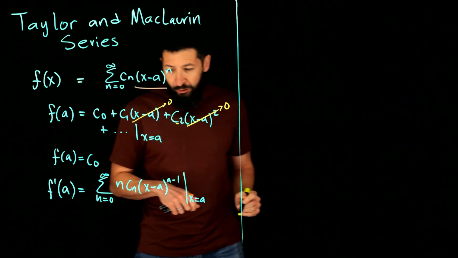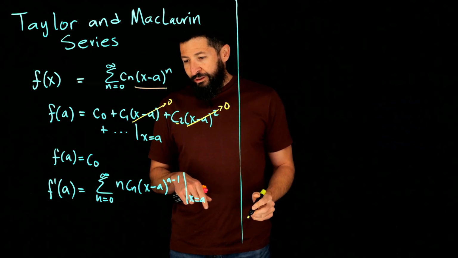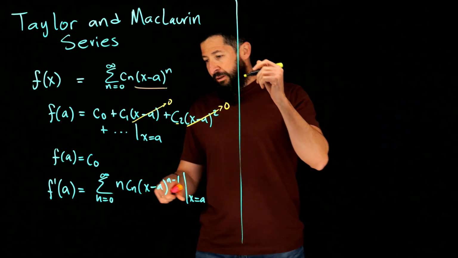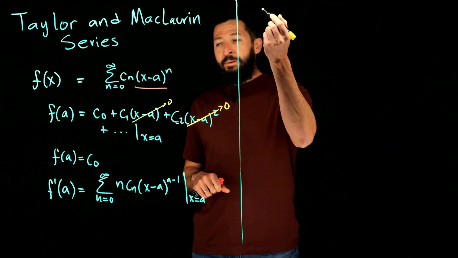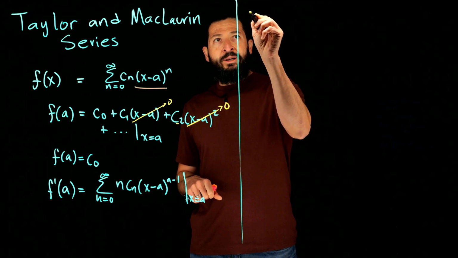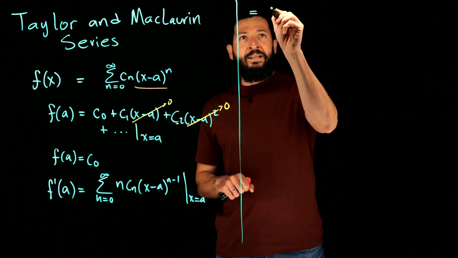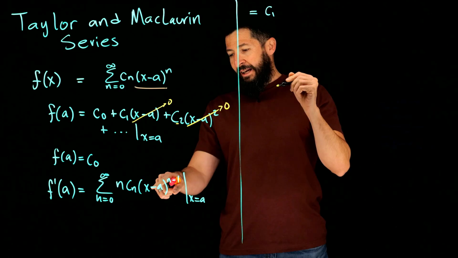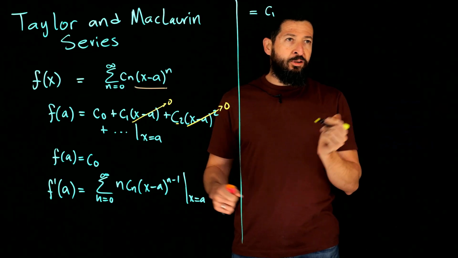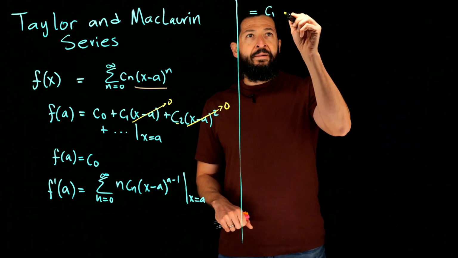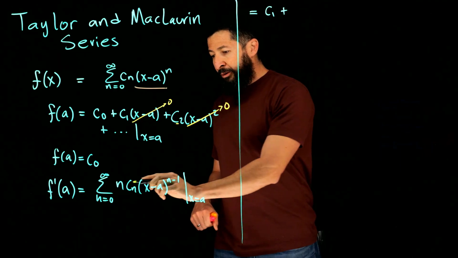let's write out a few terms. All right, so the first term is going to disappear because when n is equal to 0, I get 0 there. So n equals 0 cancels. N equals 1, I get c1, and then (x minus a) to the 1 minus 1 is just c1 because that's to the power of 0. Then I get n equals 2.